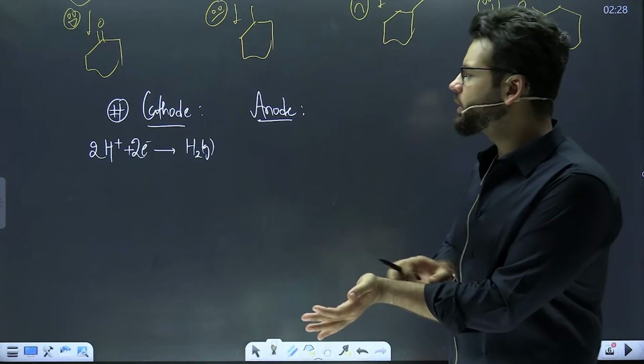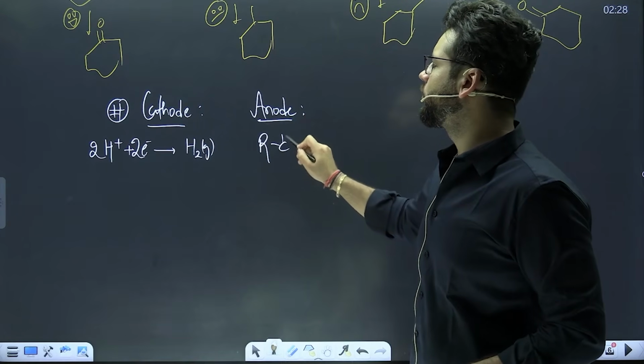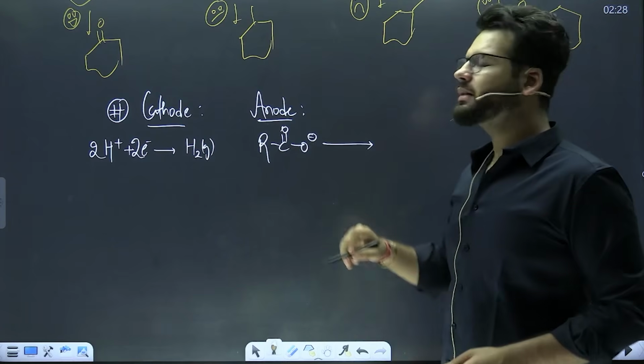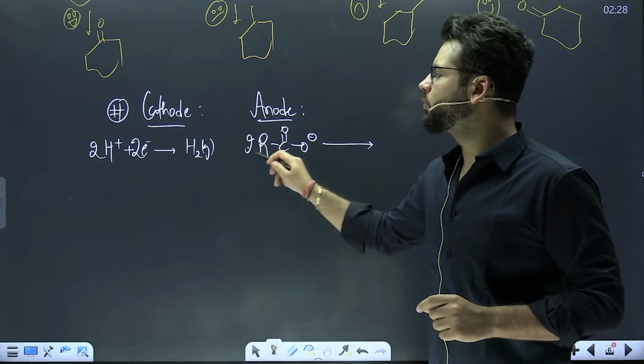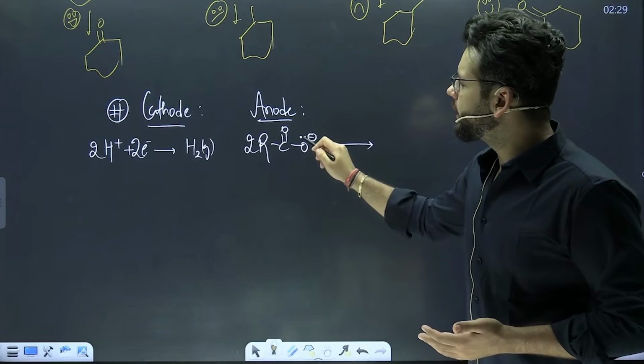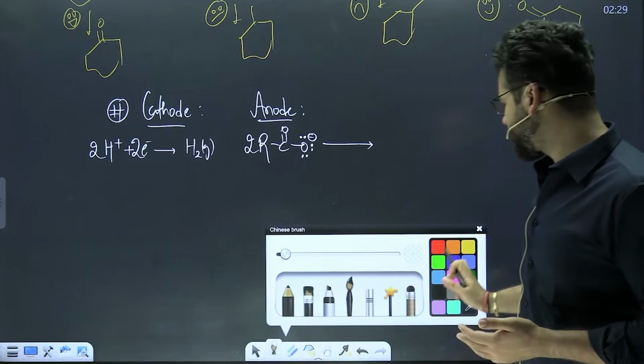At the anode, oxidation happens. You take RCOO minus. I'm taking it 2 moles because finally 2 moles are required for the reaction. In each mole, oxygen loses one electron, so oxygen has a complete octet.